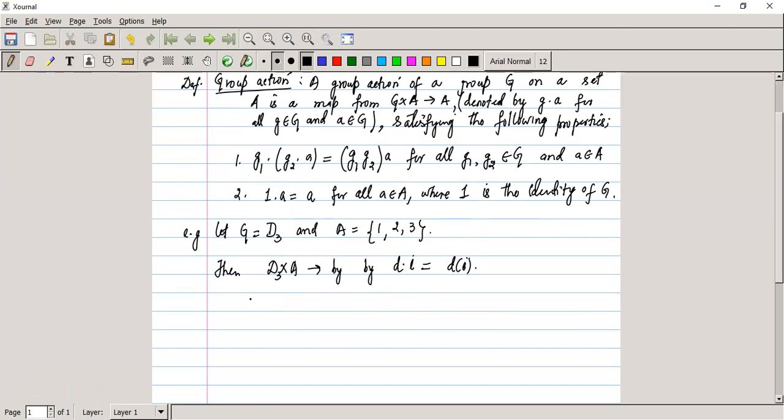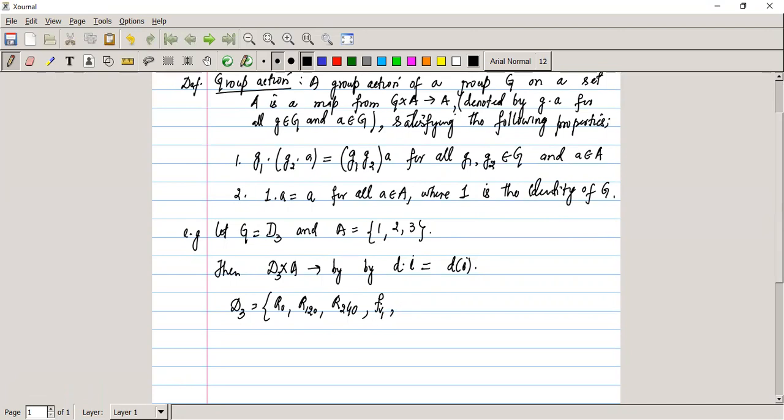So, for example, suppose the elements of D3 are R0, R120, R240. These are the three rotations: the rotation of 0 degrees, rotation of 120 degrees, and rotation of 240 degrees. Let's name the vertices of the equilateral triangle on which the group D3 has been defined as V1, V2, and V3.